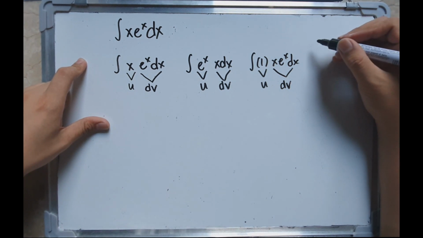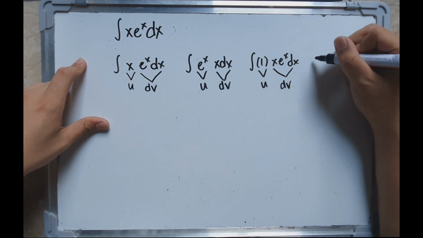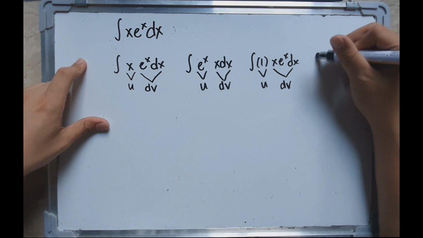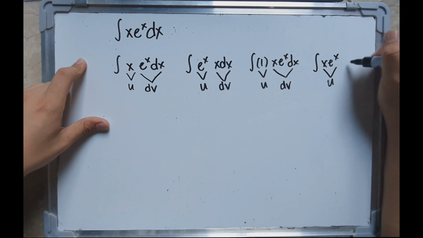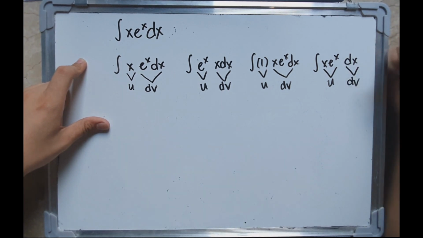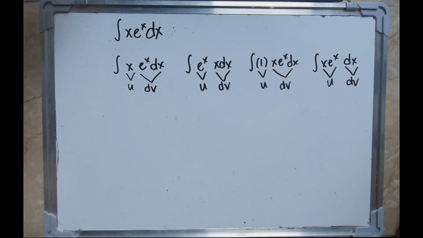And the last possible assumption, we have x e to the x as the u and we have dx as the dv.